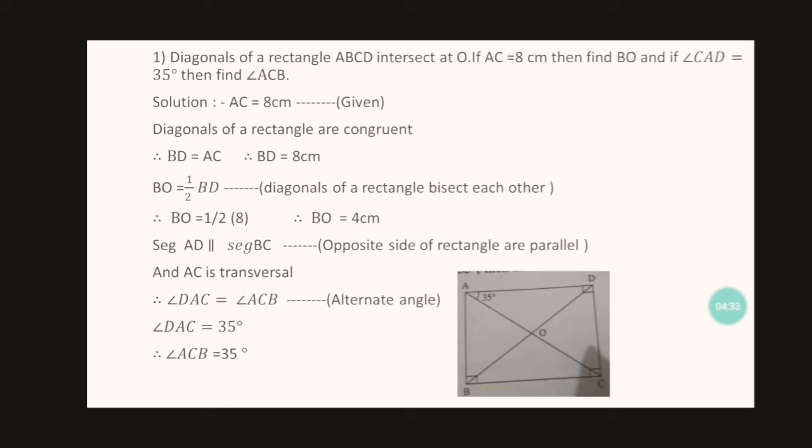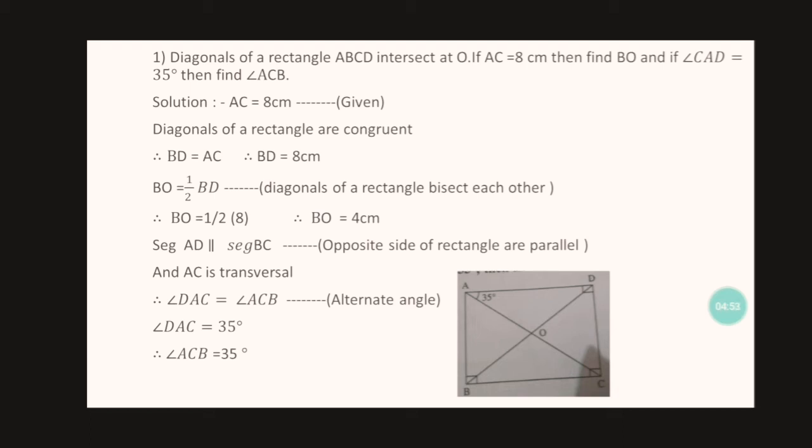The lines are parallel and the transversal is forming a Z over there. So they are alternate angles, and alternate angles are always congruent. One of the angles, angle DAC, is given to us as 35. So angle ACB will also be equal to 35 degree. This was the first problem.